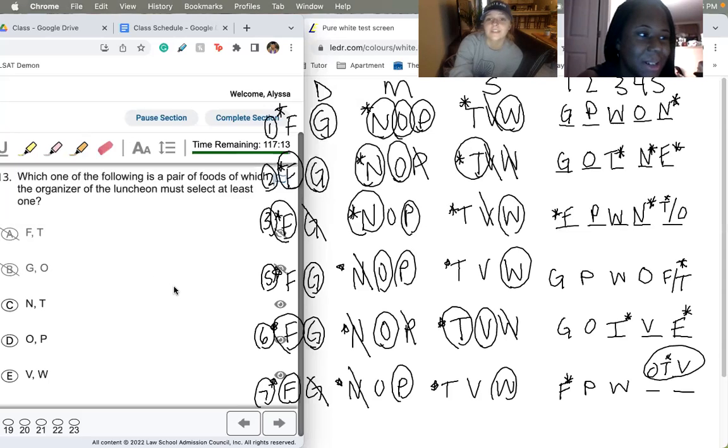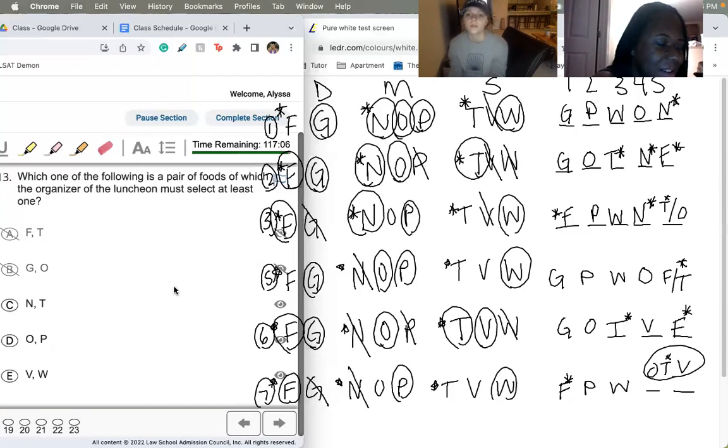The question just says at least one. So we could have a world where we don't have T, but we have N, and it would still be a valid world. Okay. Well, I can't eliminate C then because most of the worlds have at least one of them. Okay. Go on to D and E. Okay. D, O and P. Yeah, P. O and P.